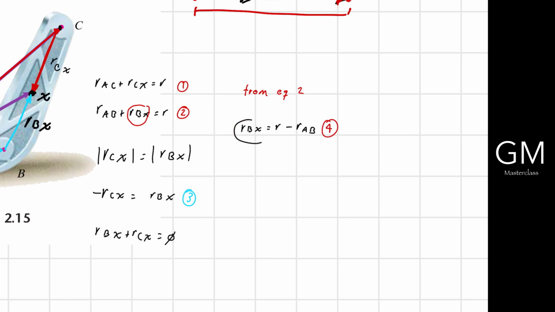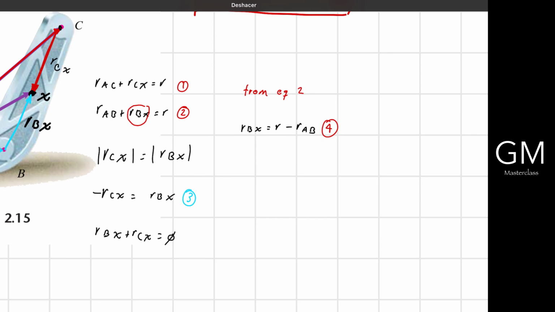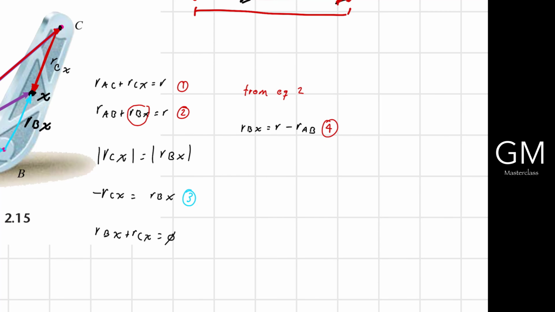But r_BX has an equation right here. Right? So I can say that minus r_CX is going to be equal to r minus r_AB. Right? But this is a different equation, so I'm going to call it equation number 5.